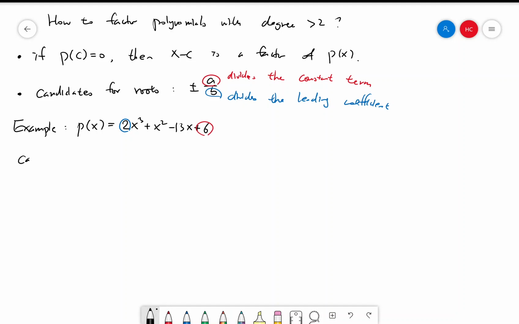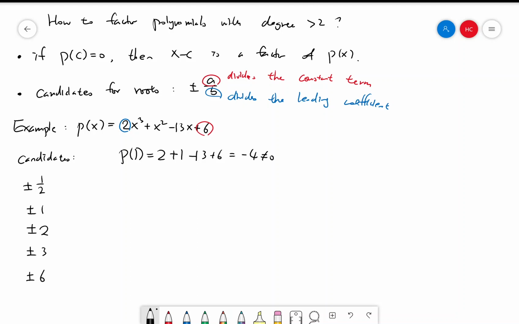So the candidates for roots are plus minus 1/2, plus minus 1, plus minus 2, plus minus 3, and plus minus 6. So all we need to do is plug in these numbers and see if it's equal to 0. So let's first try 1. P of 1 is equal to 2 plus 1 minus 13 plus 6, which is negative 4, which is not 0. So it does not work.